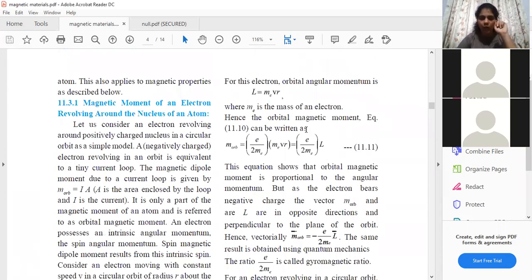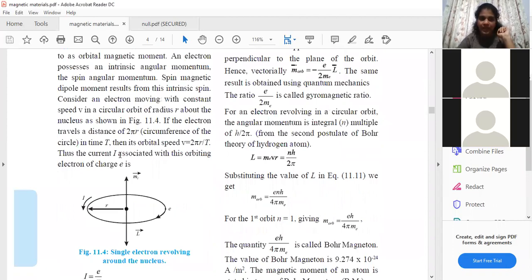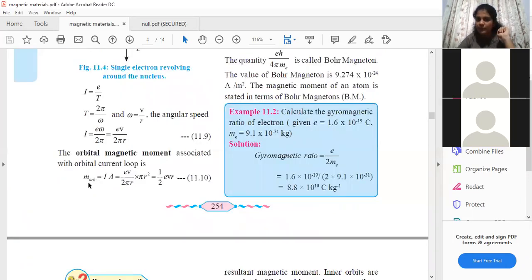Now students, observe carefully what we are going to do. This magnetic dipole moment formula, we will modify it and we will substitute the formula for L into it. See, what was L? It is m_e v r. Your angular momentum is m_e v r. Yes or no?